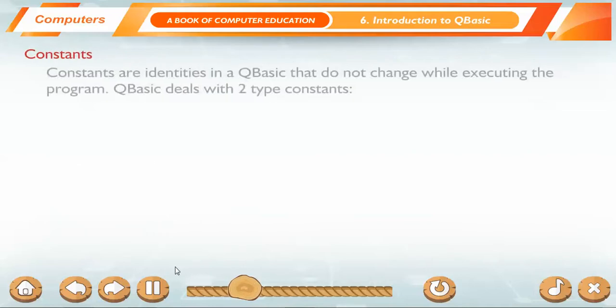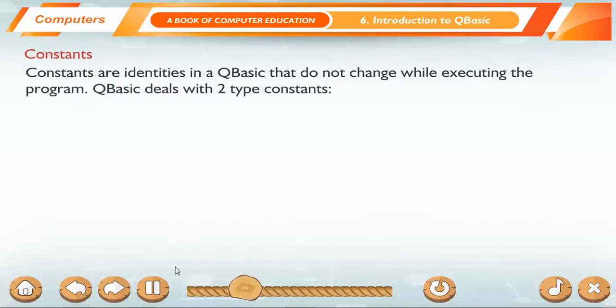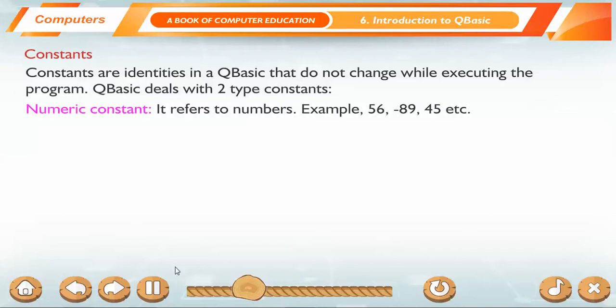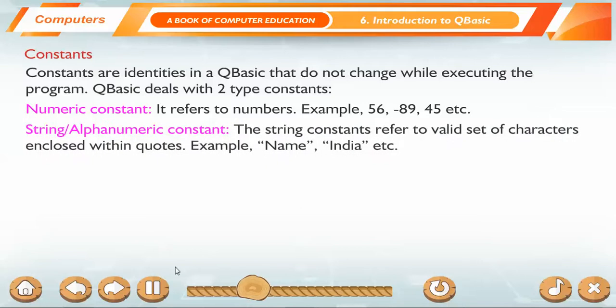Constants. Constants are identities in QBasic that do not change while executing the program. QBasic deals with two types of constants. Numeric constant. It refers to numbers. Example: 56, -89, 45, etc. String or alphanumeric constant.